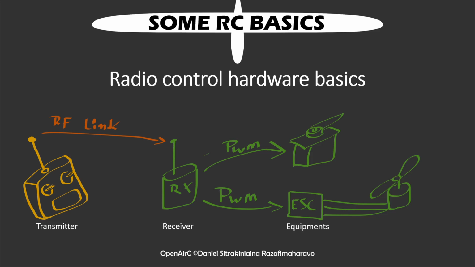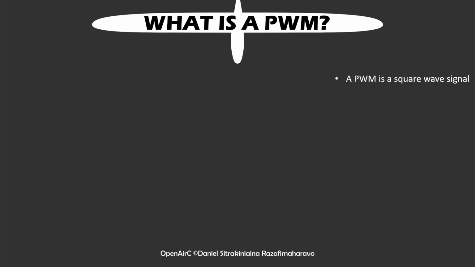As you may have guessed, the PWM signal is a standard command signal in the RC world. But before we delve into how to decode them, let's first see what PWM is.